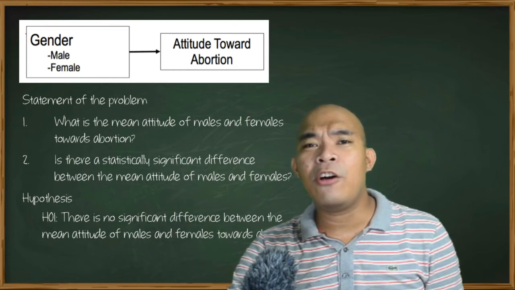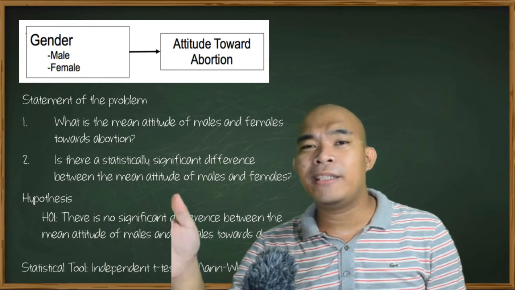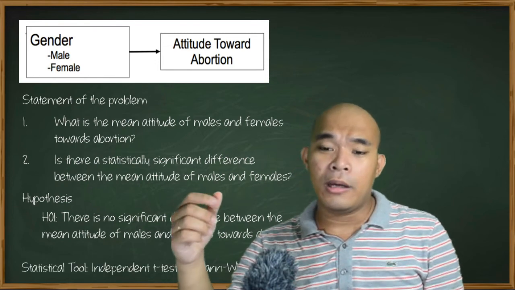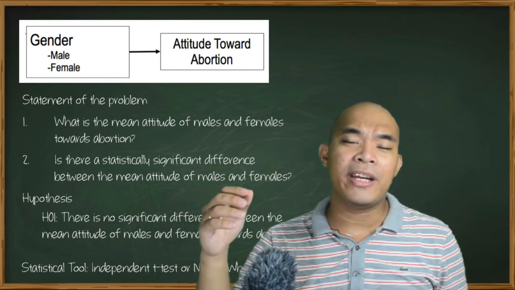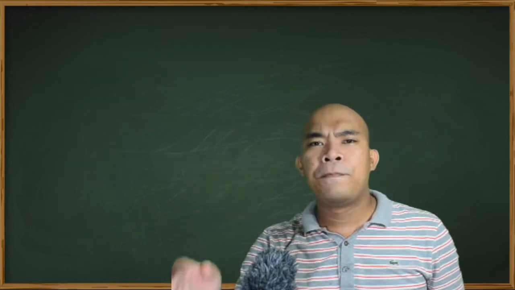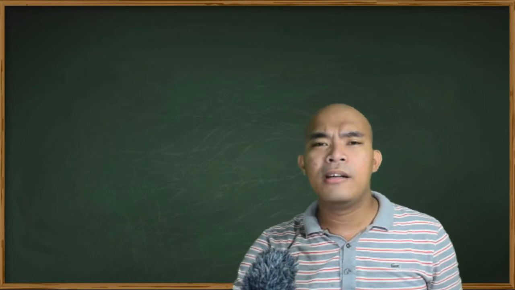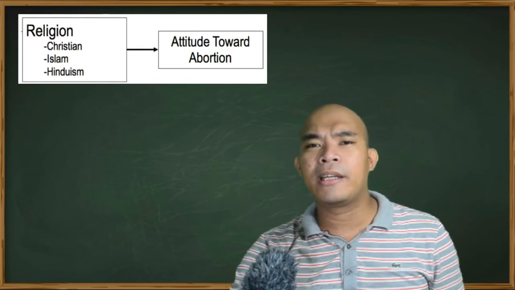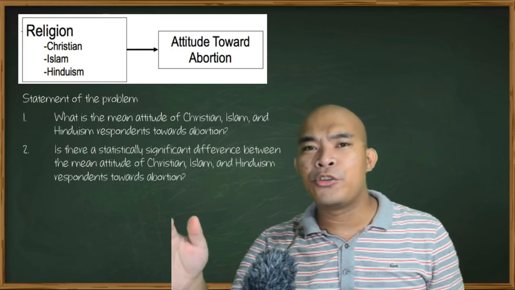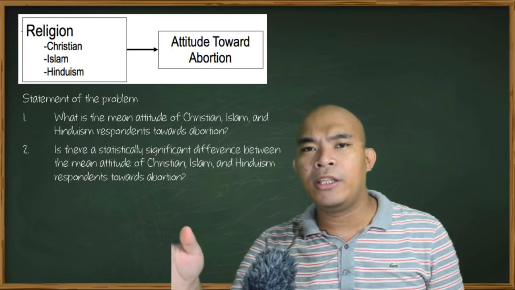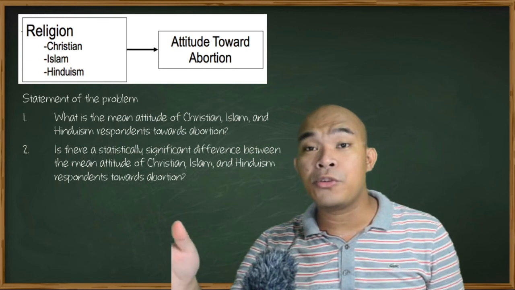So this can now be tested using independent t-test or Mann-Whitney test to reject or fail to reject the null hypothesis. For the next framework, our statement of the problem can be, what is the mean attitude of Christian, Islam, and Hinduism respondents towards abortion?